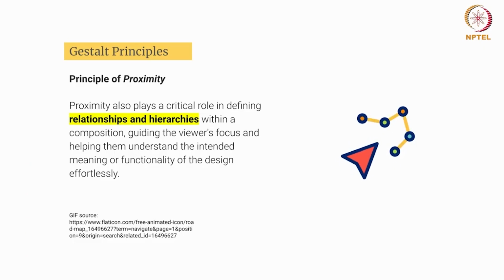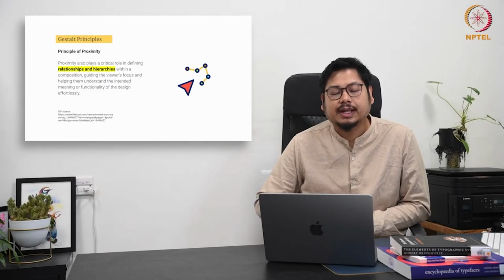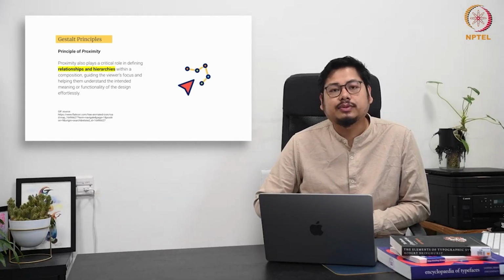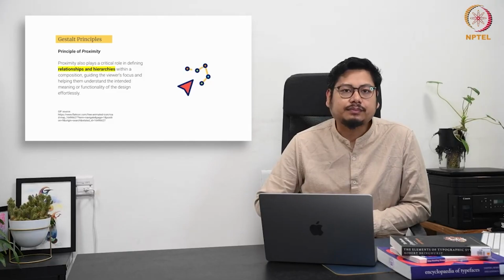So proximity plays an important role in defining relationships and hierarchies within a composition, guiding the viewer's focus and helping them to understand the intent, meaning, or functionality of a design effortlessly. This is a very important point we are discussing: using proximity you are trying to create some kind of visual relationship in the overall composition.